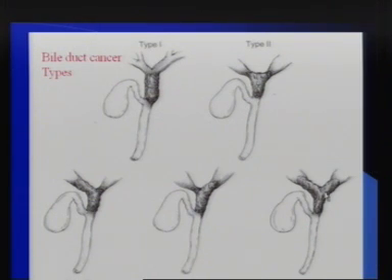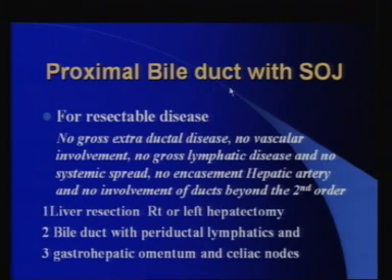So this is what is classically called Klatskin tumor also. For proximal bile duct cancer, the resectable disease should have no gross extraductal disease, no vascular involvement of the hepatic artery, no gross lymphatic disease, and no systemic spread.